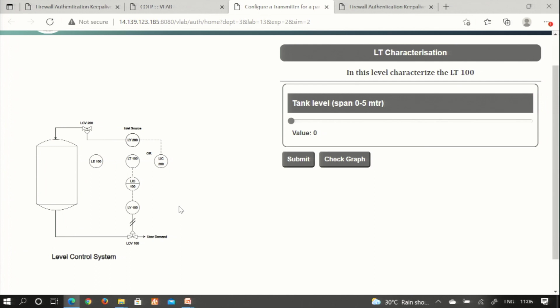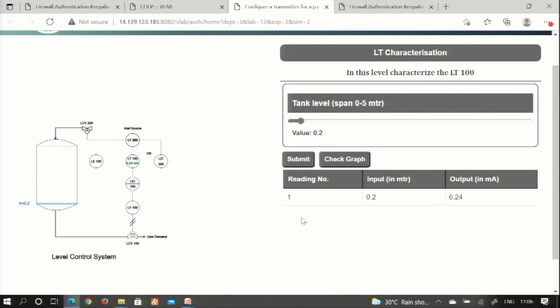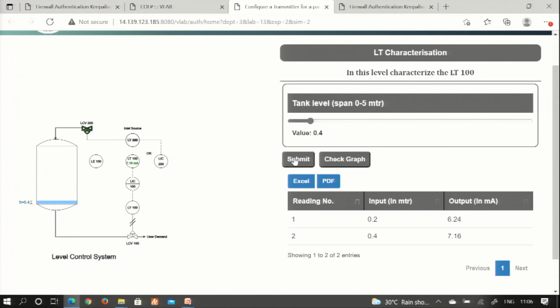Now, for observing or characterizing this transmitter, we can change the level. I will say that yes, I add some level here and find out what the output is. For each level, whenever I am submitting the reading, the transmitter will start responding because the connections are correct and the type of transmitter is correct, which we have checked.